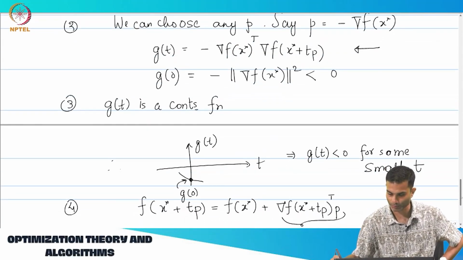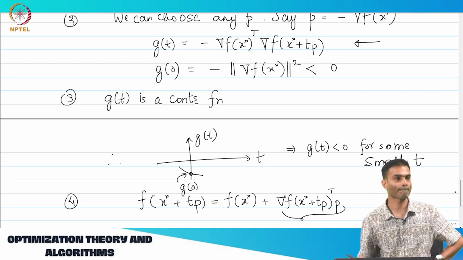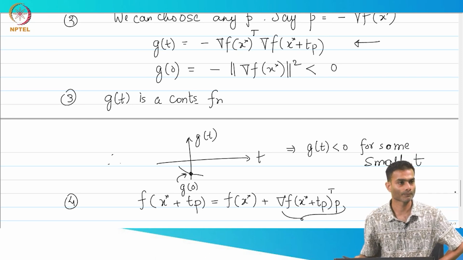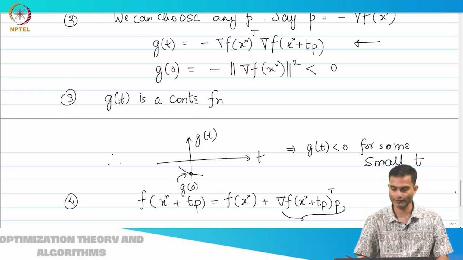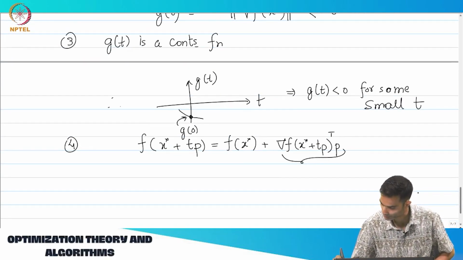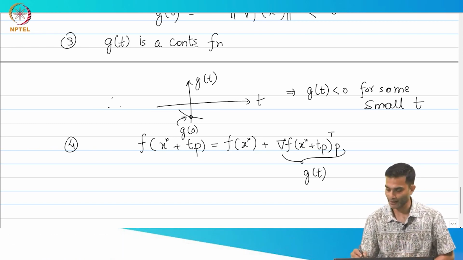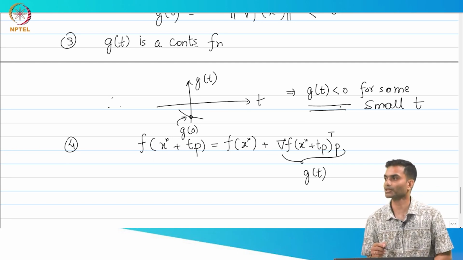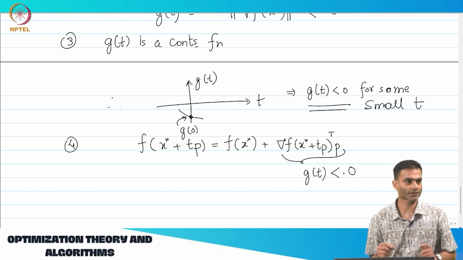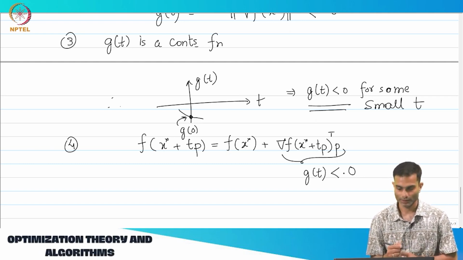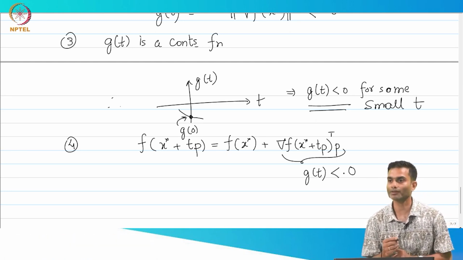Doesn't this look like g of t? It looks like g of t. p is not specified, so I specify some p to be minus grad f. So this is essentially nothing but g of t, right? And this g of t, as I have shown you over here by simple logic, is less than 0, right? Do you see the contradiction now?